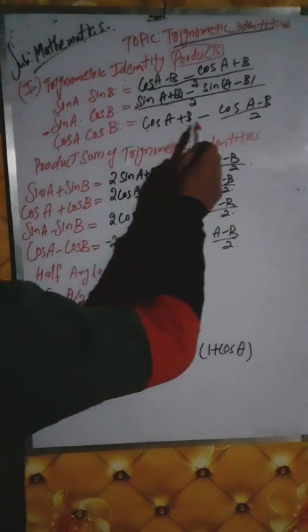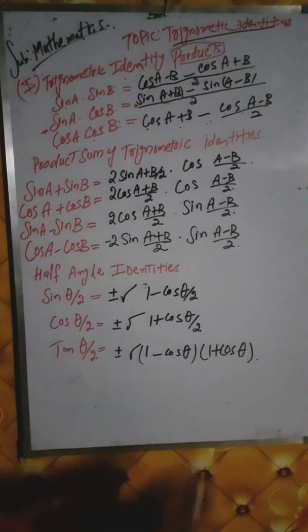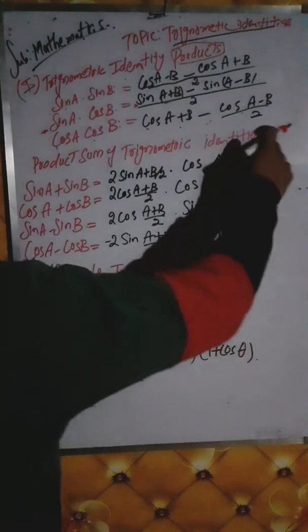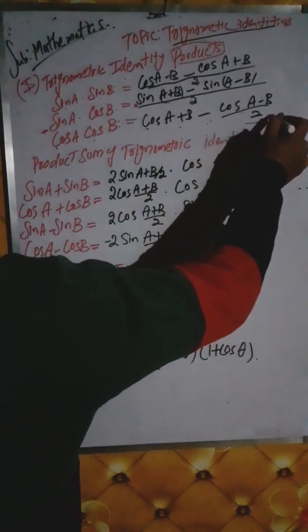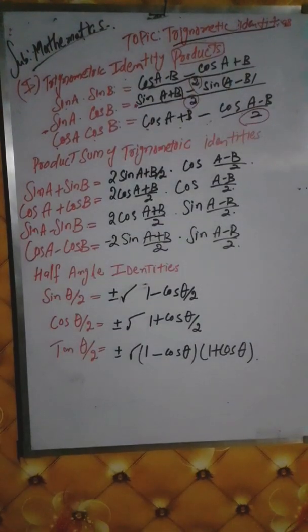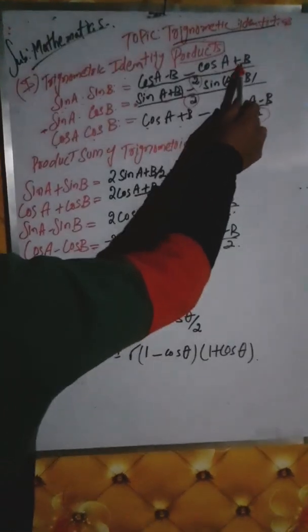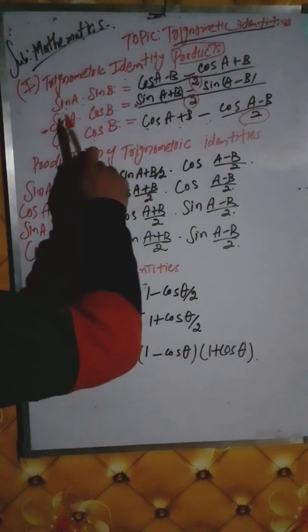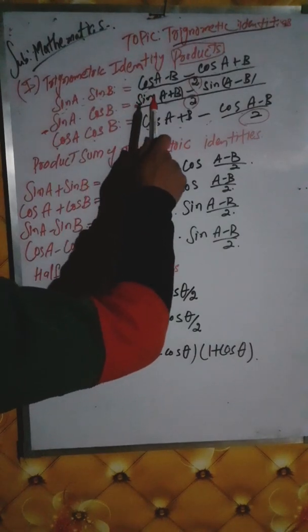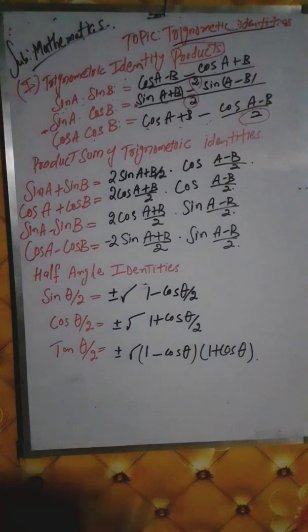Now cos A cos B: cos(A plus B) plus cos(A minus B), by 2. I will tell you that all of these will get a denominator of 2. So now sin A cos B is equal to sin(A plus B) plus sin(A minus B), by 2.